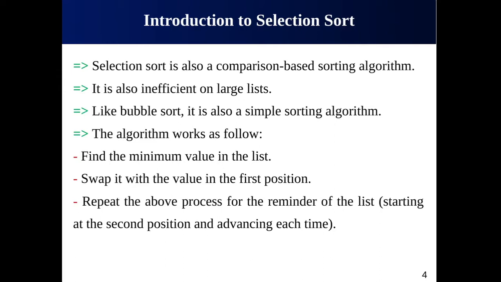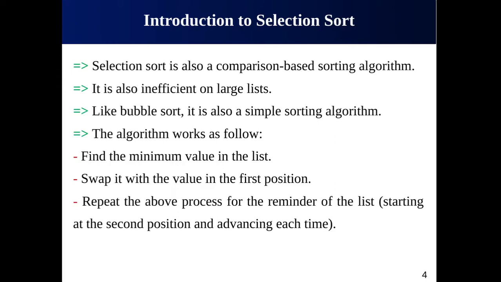However, this time you have to start from the second position element, because at the end of this swapping process, you will see that one element will be in sorted form, so you do not need to consider it again for the process. So you have to repeat the process starting from the second position element and then advancing each time. For example, in the next step, you have to start from the element at the third position and then the element at the fourth position and so on.